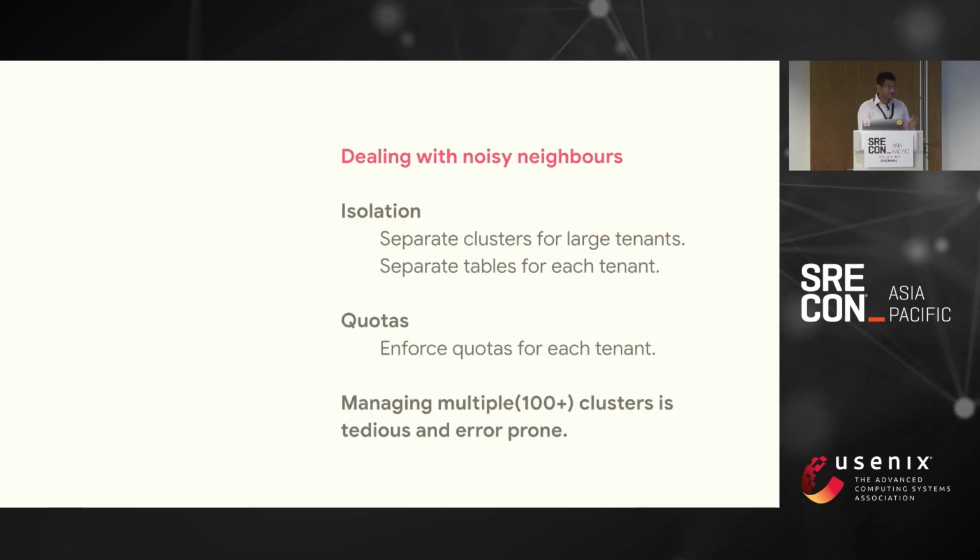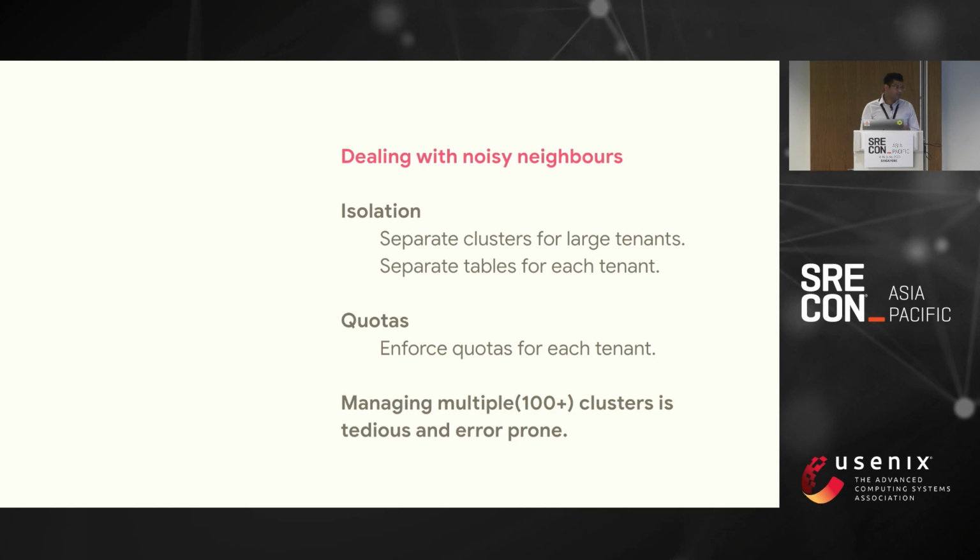And we also saw that dealing with noisy neighbors is a problem in Elasticsearch that could cause log spikes, right? So we have recommended two techniques of isolation, where you separate clusters for large tenants and separate indexes for each tenant. And we have also recommended quotas, right? Enforcing quotas in ELK is a little bit hard because it doesn't have an inherent notion of a quota.